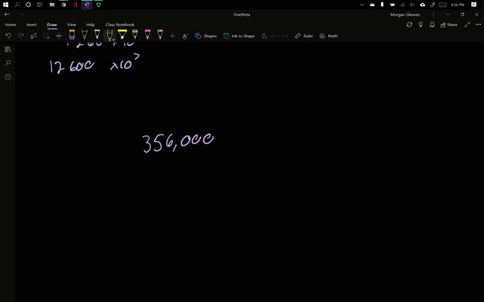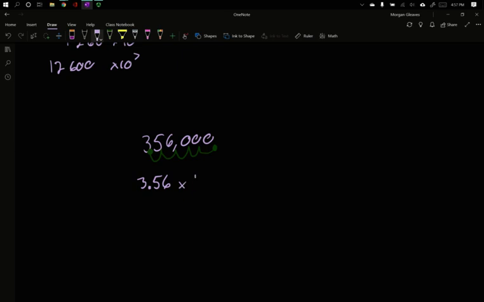Well, to start, my decimal is right there. If I move it once, twice, 3, 4, if I move it 5 times, I will get just the 3 in front of that decimal. So this will look like 3.56.